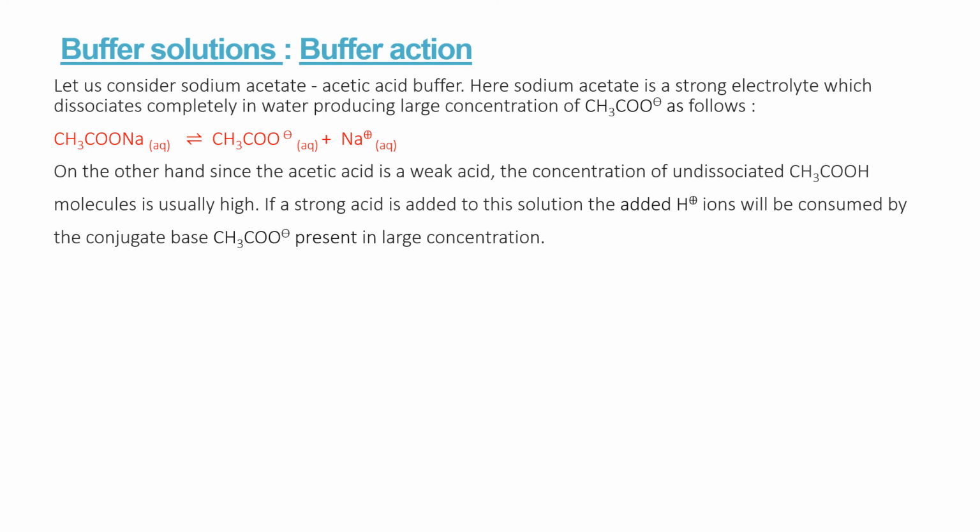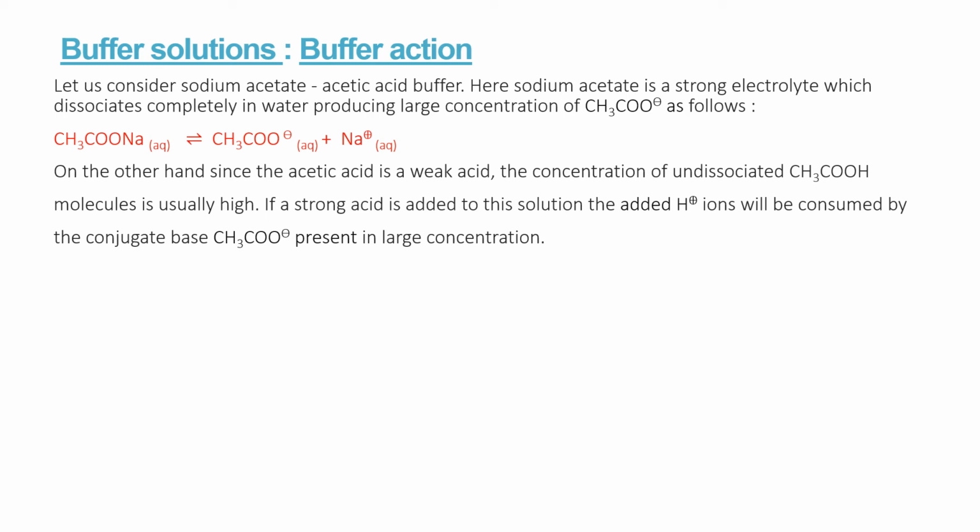In this case, our sodium acetate is a strong electrolyte. It dissociates into acetate ion and sodium ion. On the other hand, we have another compound, acetic acid, which is a weak acid.